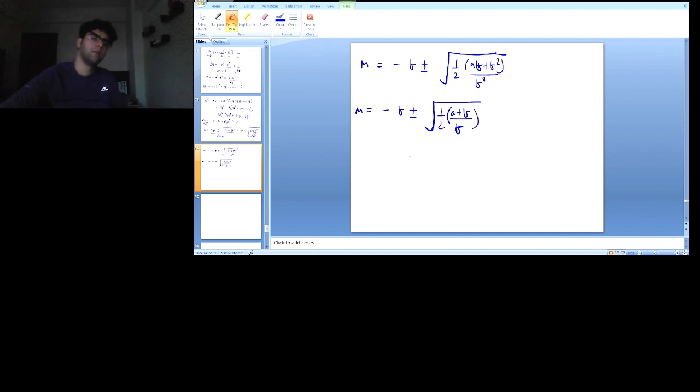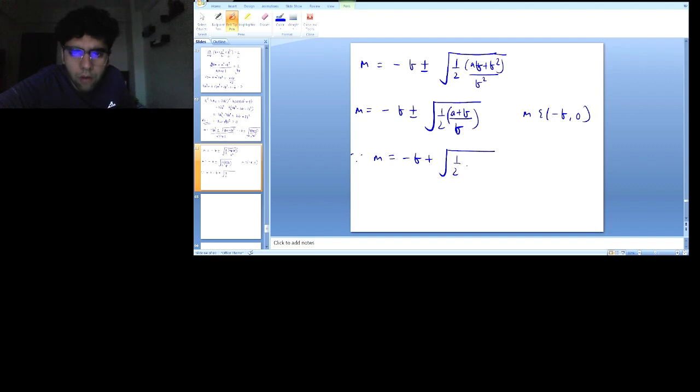Right, so I'll be rejecting this value where I have minus b minus, because my m should lie between minus b and 0. Therefore my m can be minus b plus half a plus b upon b, right? This can be my value. Now I need to also check if my m lies between 0 and a.